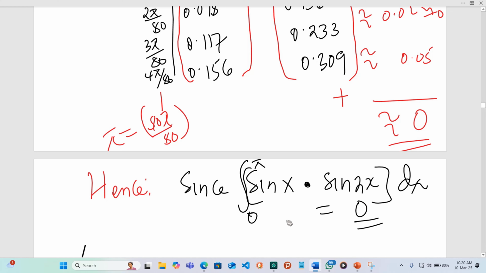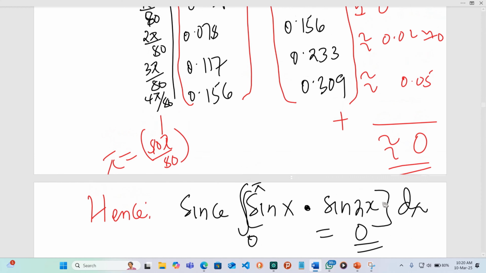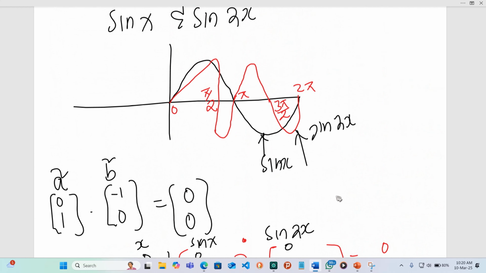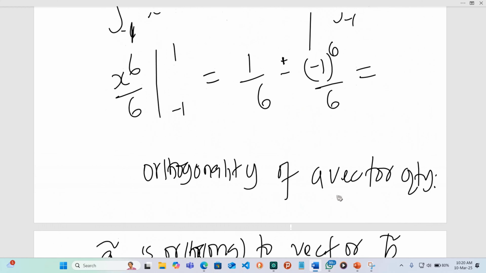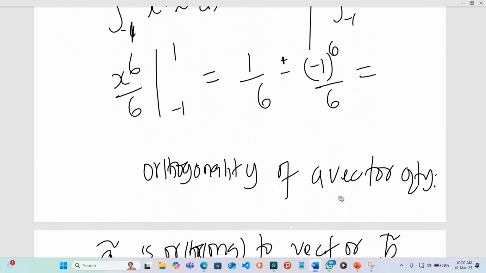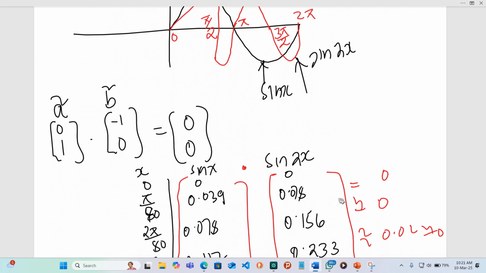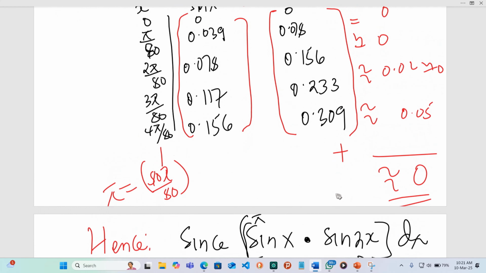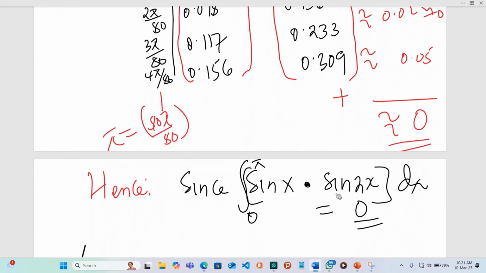So any integral of two orthogonal functions over such an interval is going to give you 0. And it is very helpful, as I said, because you don't need to go ahead and do the computation and waste a lot of time. Once you know this property, you just deduce and say this is equal to 0.